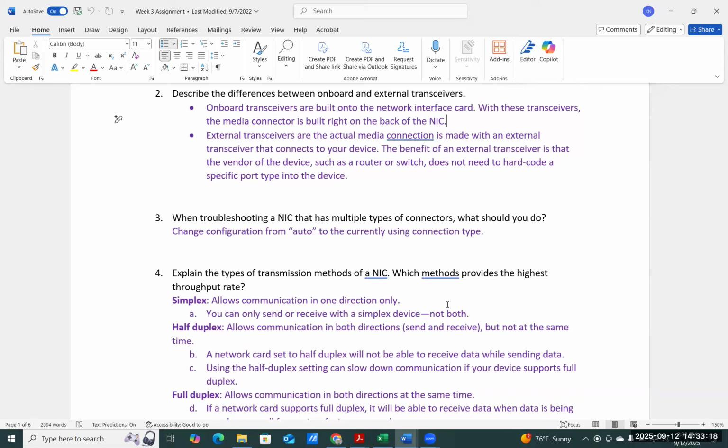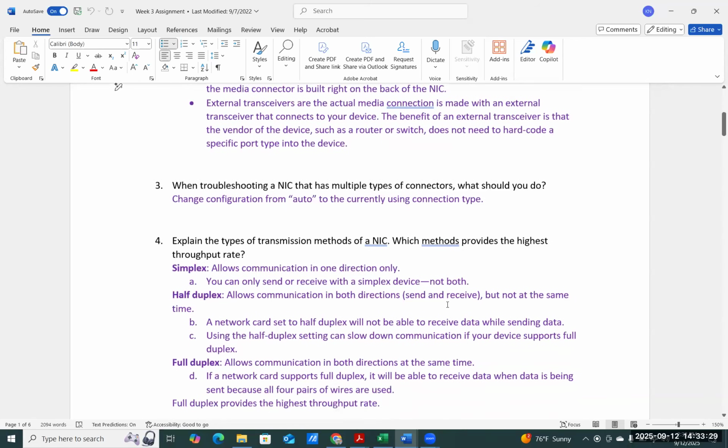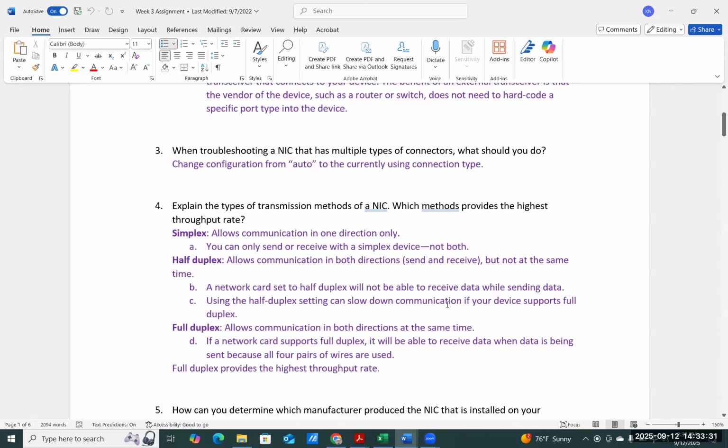So when you set your network adapter to only half duplex, it's going to only send or receive. But by default, our network adapter is full duplex. You receive signal and you can send signal. That's how we're able to transfer data.